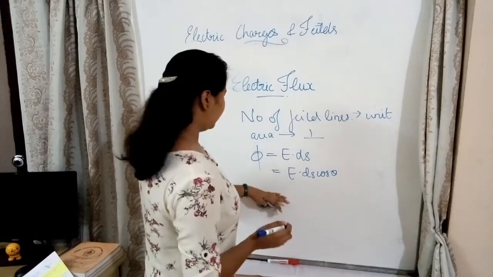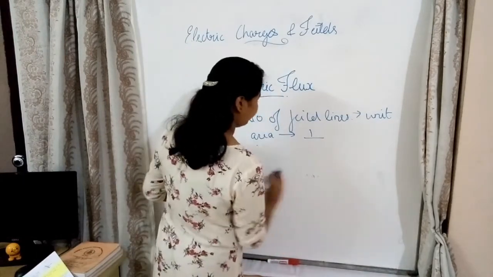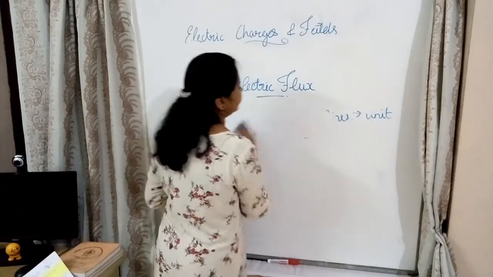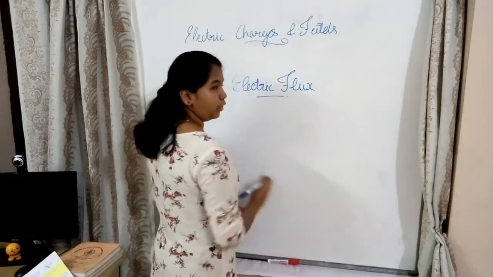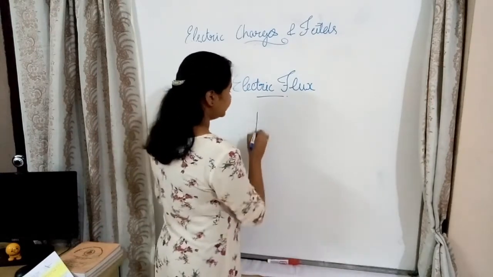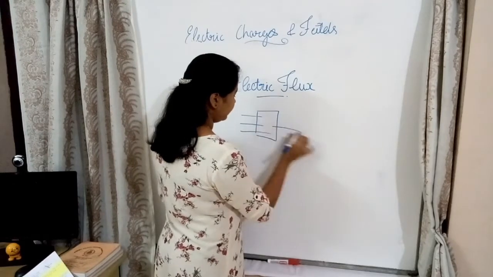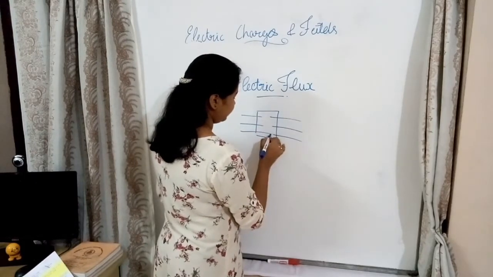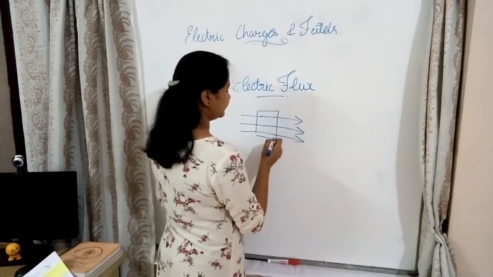Okay. So this is the electric flux formula. Now let's see more detail about the definition. So this is the unit area. This is the field line. So what is the electric flux over here?